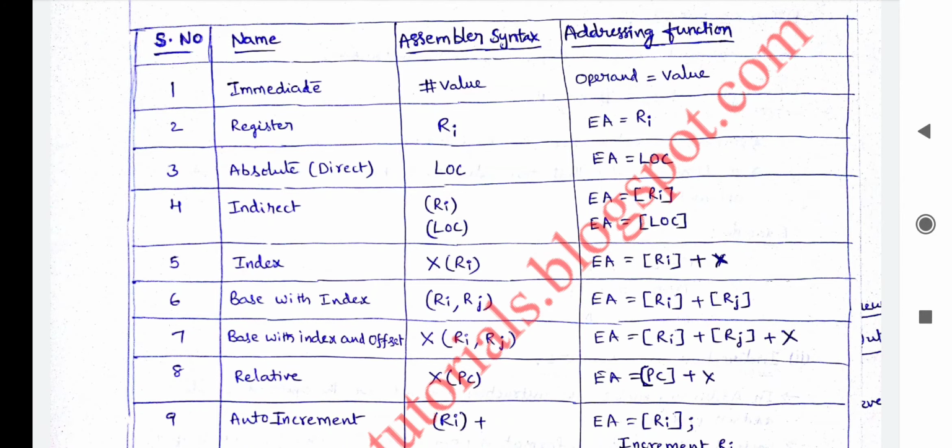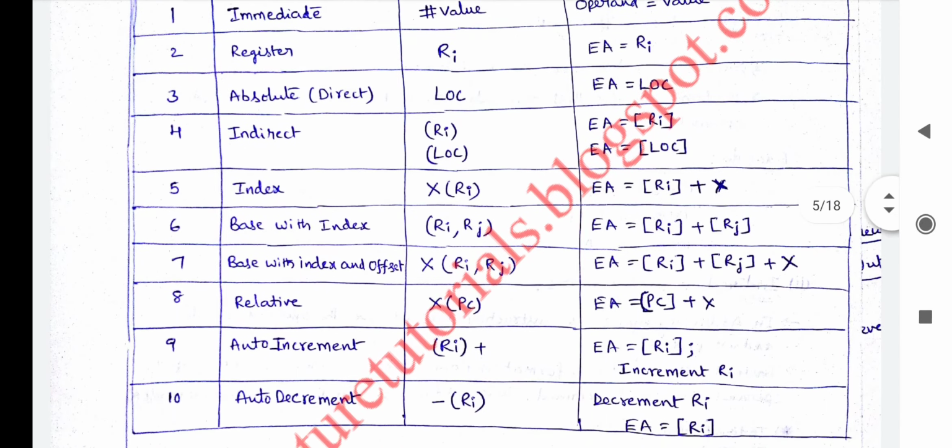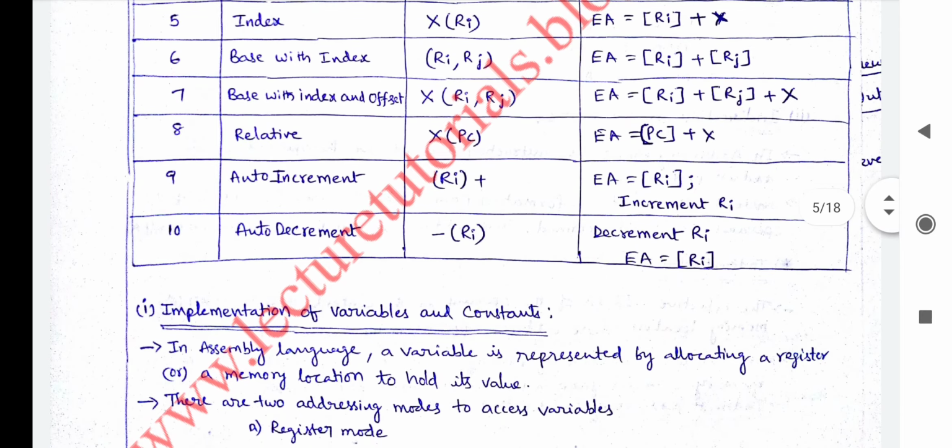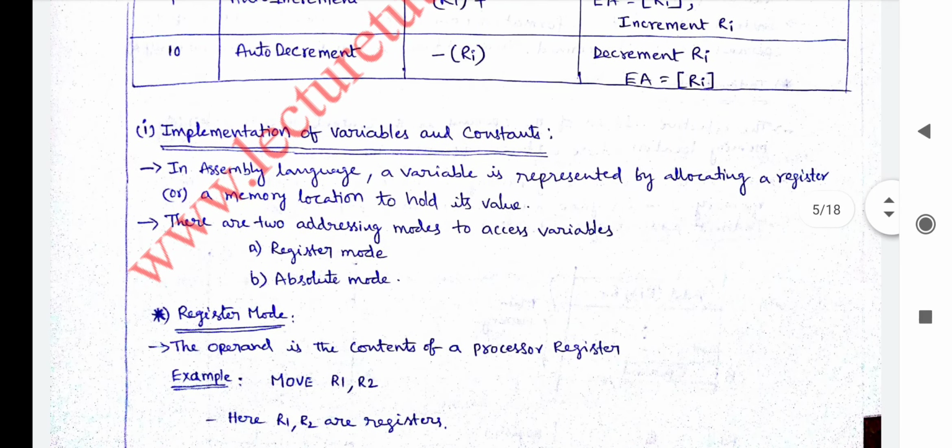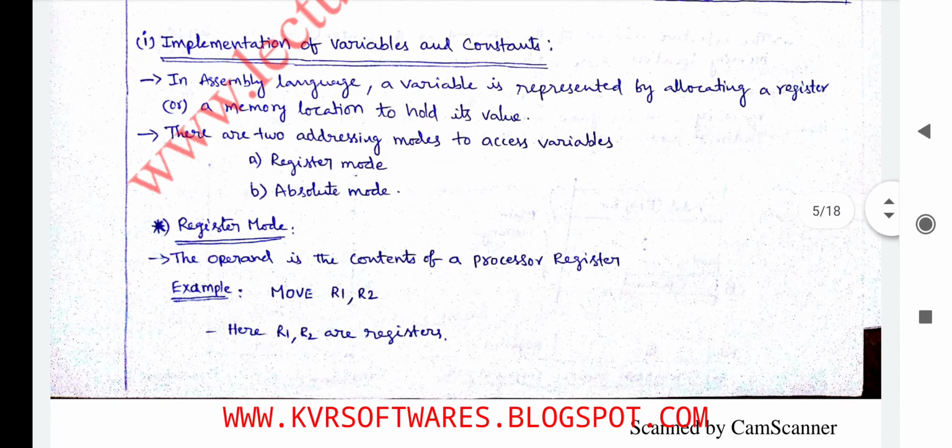Immediate, register, absolute, which we can also call direct addressing mode, indirect addressing mode, index addressing mode, base with index and offset, relative, auto increment, auto decrement. We have to see the addressing modes one by one.